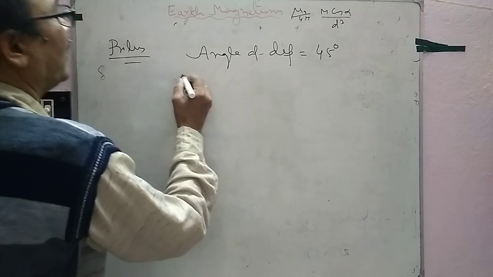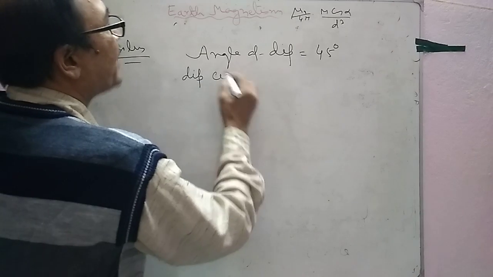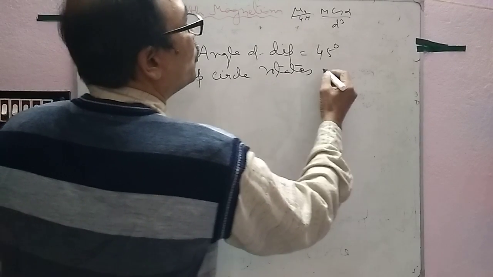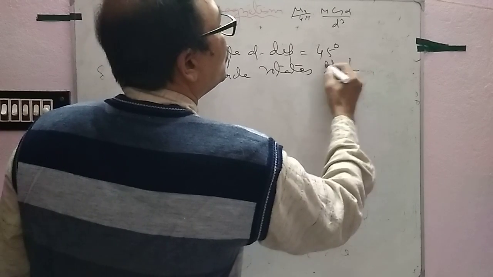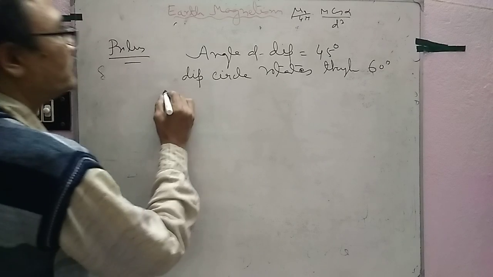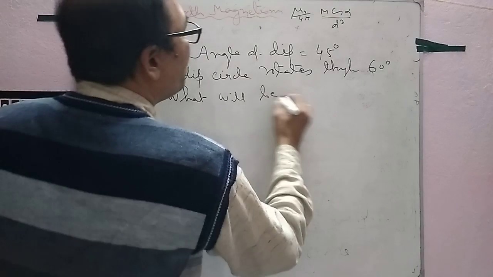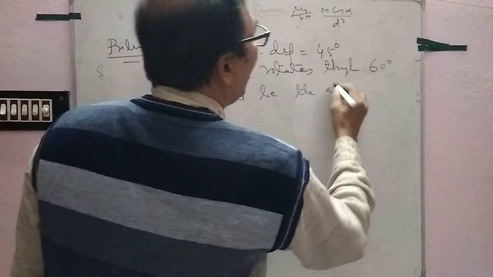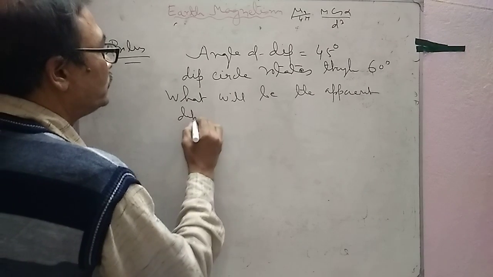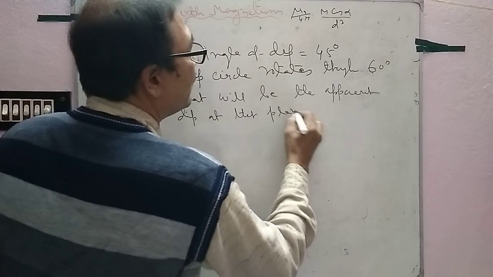If the dip circle, follow the language, dip circle rotates through 60 degree, what will be the apparent dip at that plane?